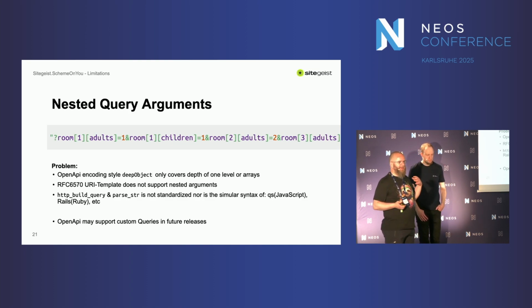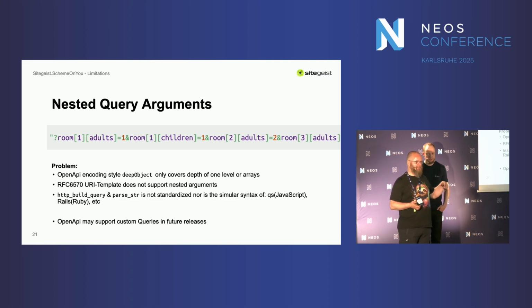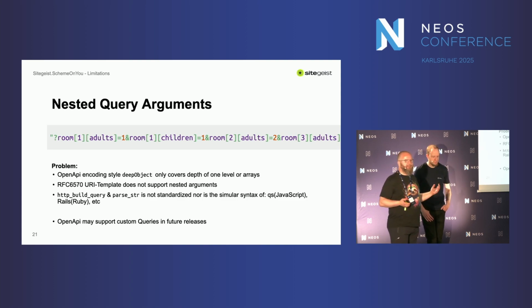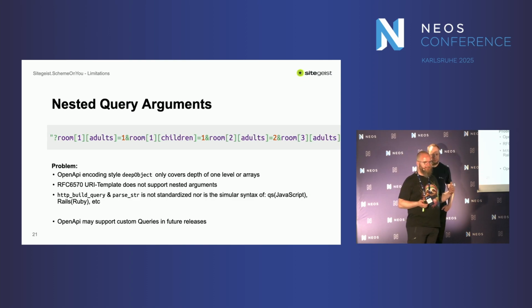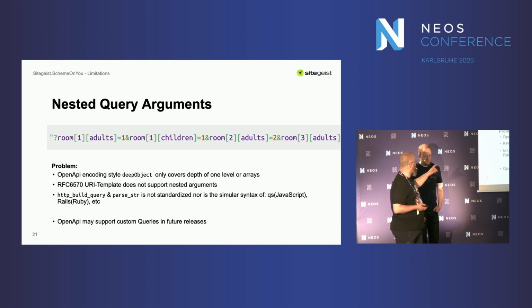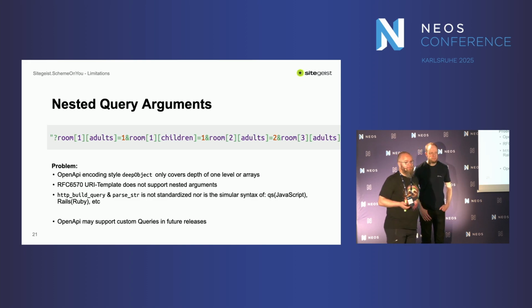I should have gotten curious when I noticed that the PSR URL standard does not deal with them, because it turns out they are not standardized. There is no standard which describes what happens there. It's just implemented in PHP, in what's called http_build_query or parse_str. And OpenAPI does not support that.